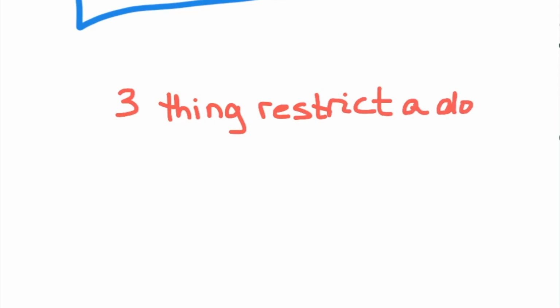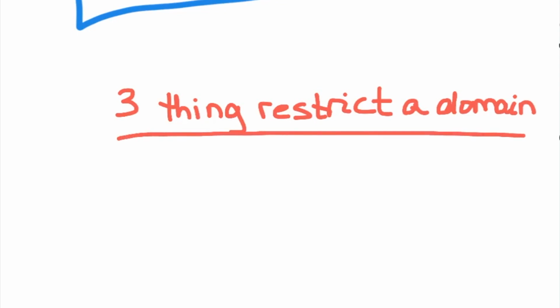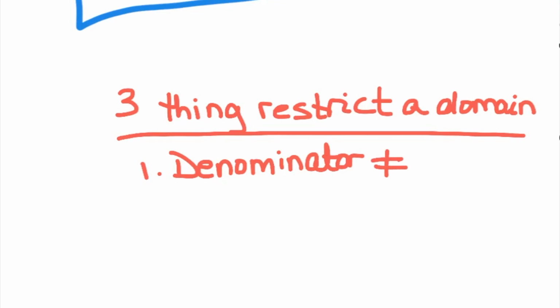And it's only these 3 things. There is no other thing that will affect the domain to exclude x values from a domain. And the first is you can't have a denominator equal to 0. Cannot equal 0.